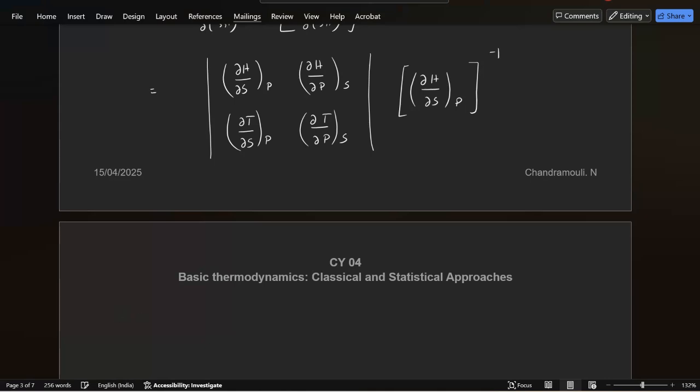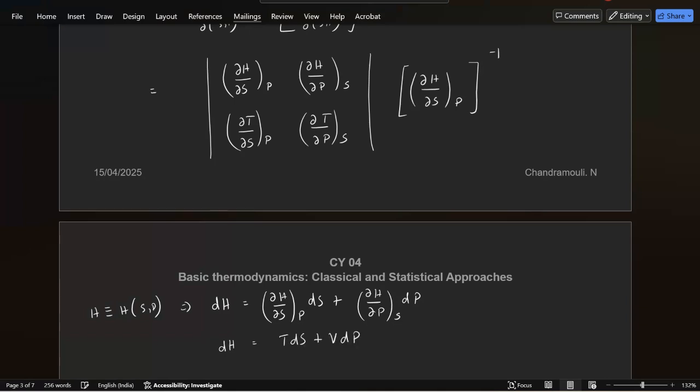Enthalpy, as I told before, has natural variables S and P. So dH is equal to del H by del S at constant P dS plus del H by del P at constant S dP. As you know from the normal formula, it is TdS plus VdP.